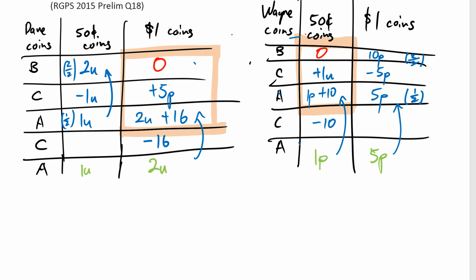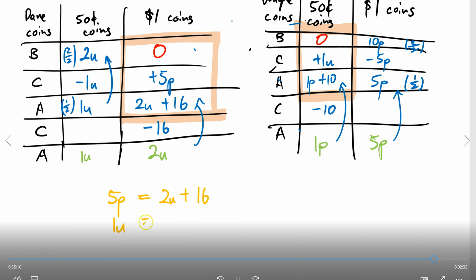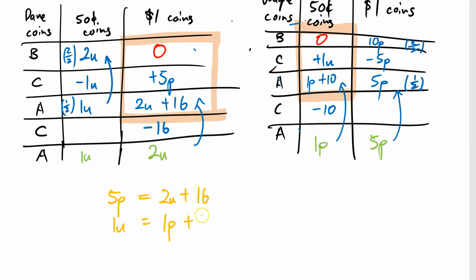Okay? See, imagine this, if you have nothing, you get 5 parts. And now all of a sudden you have 2 units plus 16. It is clear that your 5 parts must be 2 units plus 16. Okay? And secondly, for Wayne, same thing happens. When you receive 1 unit, you suddenly have 1 part plus 10. Correct?